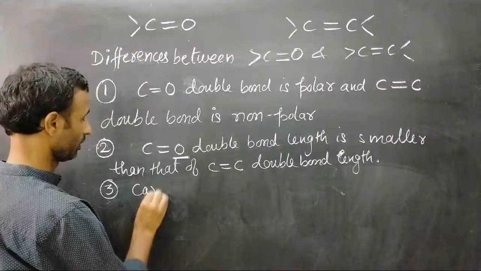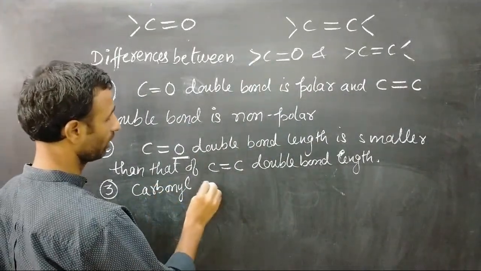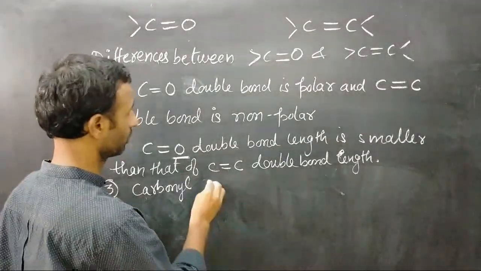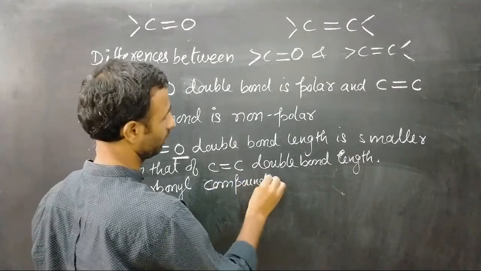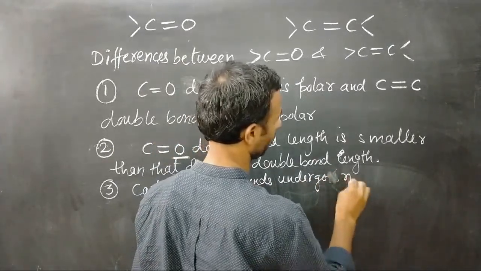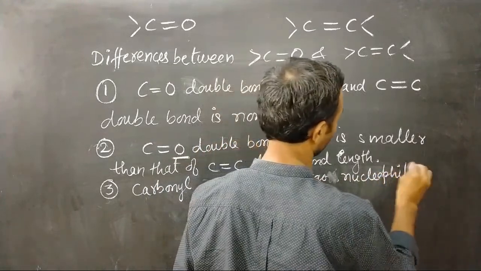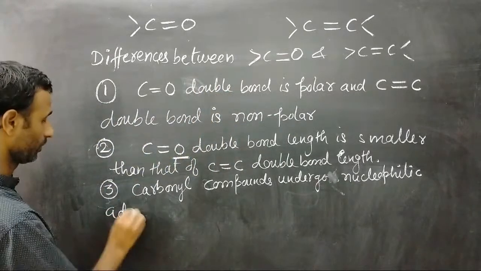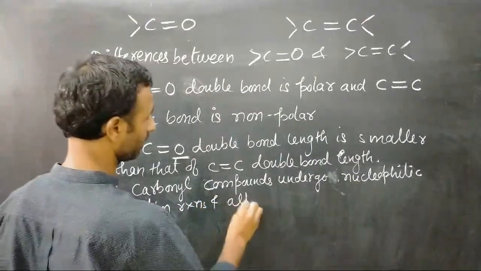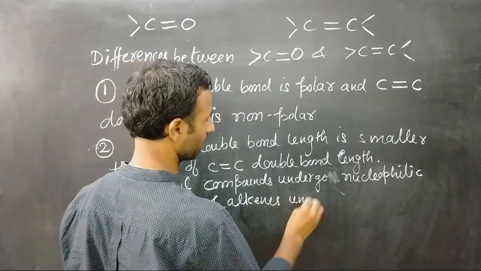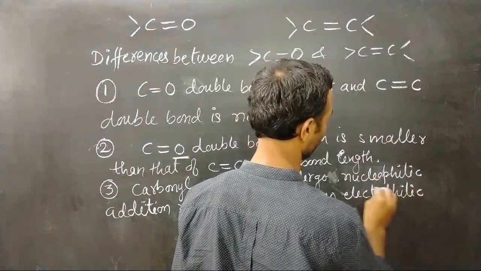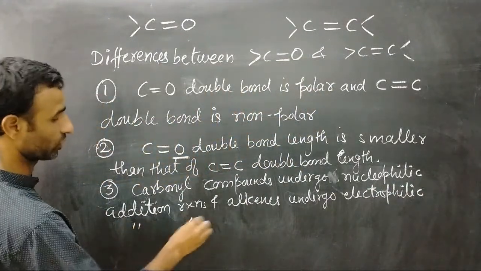Sahil, very good. Carbonyl compounds undergo nucleophilic addition reaction because here carbon gets positive charge, and alkenes undergo electrophilic addition reaction.